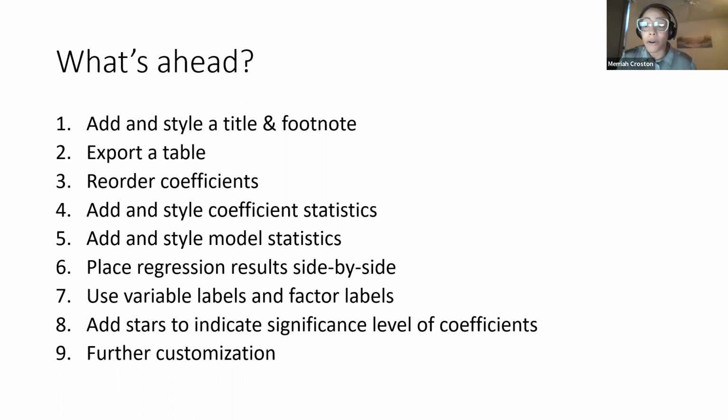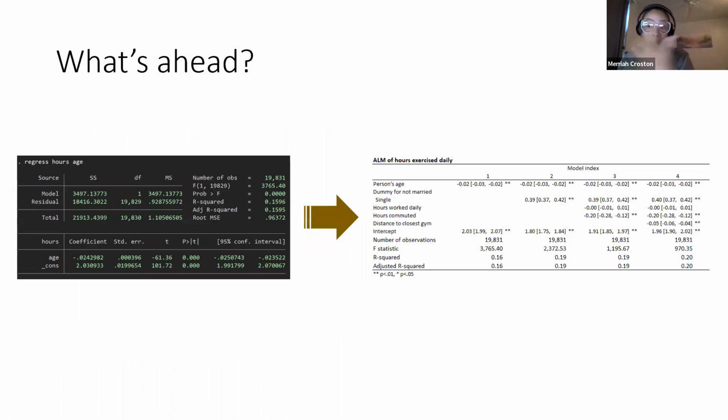We will add and style our coefficient statistics, add and style our model statistics, place regression results side by side, because what you were seeing were the results for 4 separate models. They happen to be hierarchical models. We'll talk about that. We will use variable labels and factor labels. We'll add stars, and then we'll use additional commands and this collect system to further customize our table. So that's how we get from what's on the left to what's on the right.